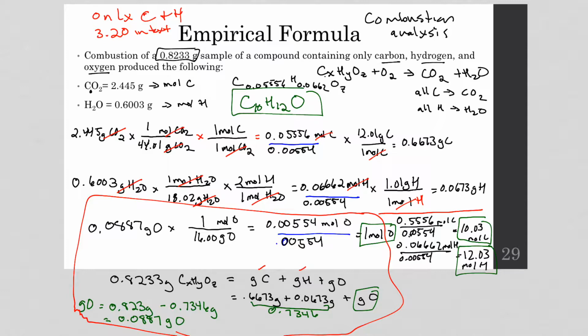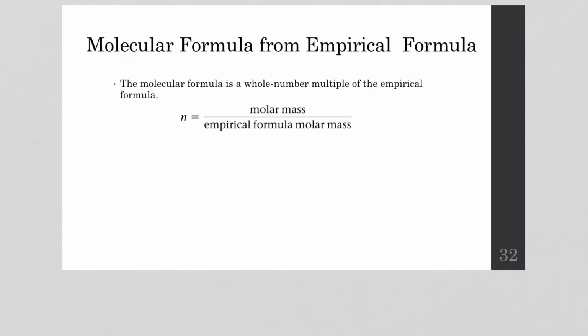All right, so 2 different ways that we can establish an empirical formula based on the kind of data we start with, whether it's percent composition data or combustion analysis data. Now, last thing I want to do here is talk a little bit about how we get from the empirical formula to the molecular formula, or when that's possible. The only way we can do that is if we know the molar mass, right?